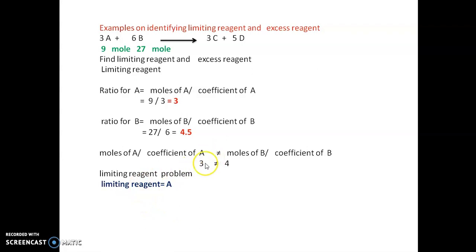So limiting reagent is A because the ratio is the smallest one. So the smallest ratio is considered the limiting reagent, and the excess reagent, which has the highest ratio, is called the excess reagent. So limiting reagent in this example is A and excess reagent is B. Okay.